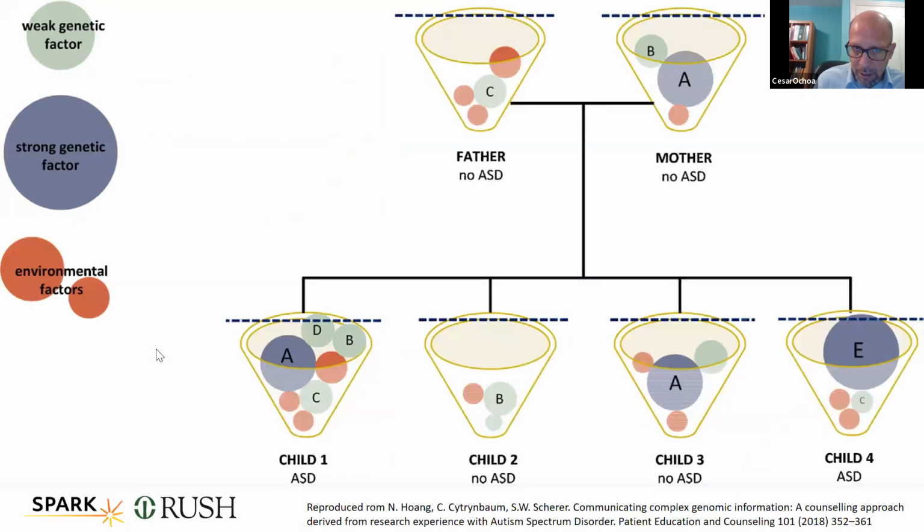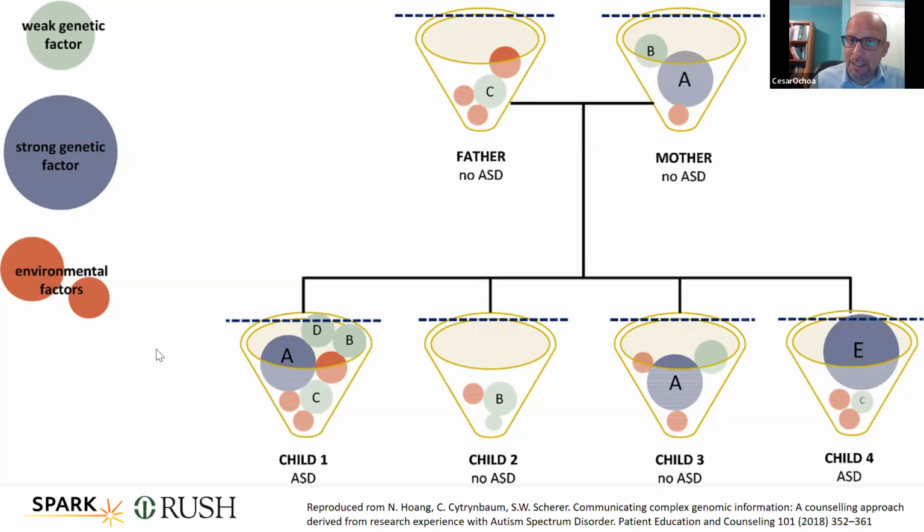Let's look now at the family. There's a father and a mother. They both don't have autism. And the father has just one common variant with a weak risk for autism. And then we have mom that has the same one common variant that gives weak risk for autism, and 1 environmental factor.